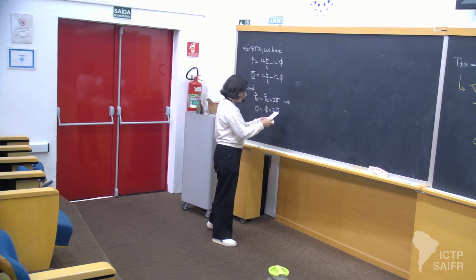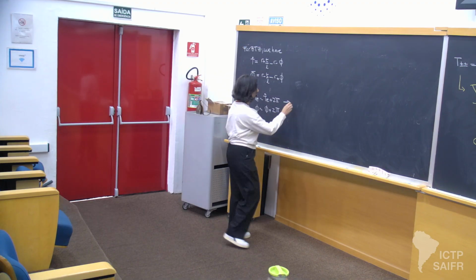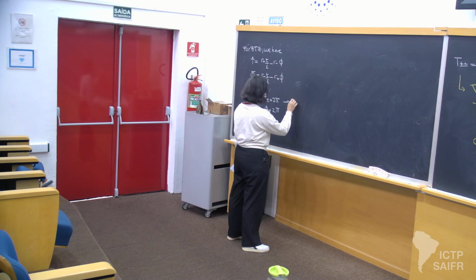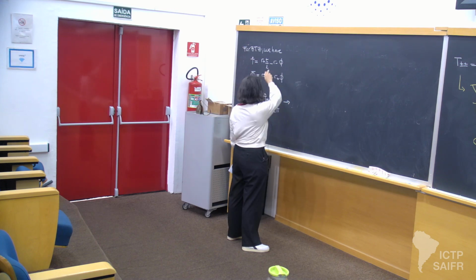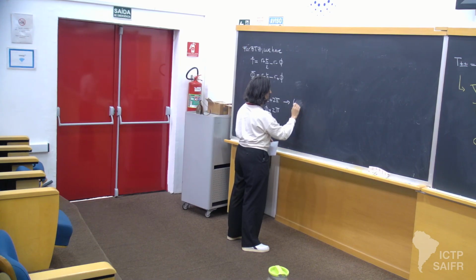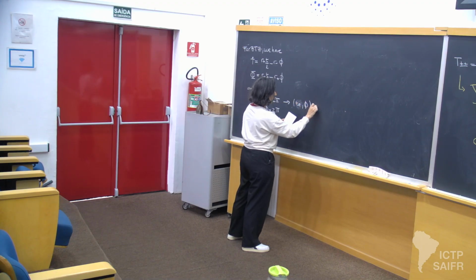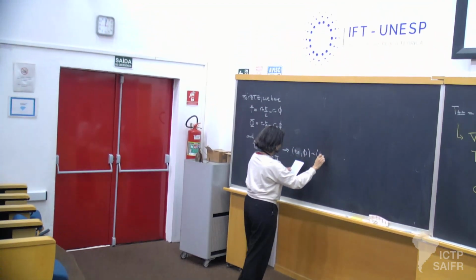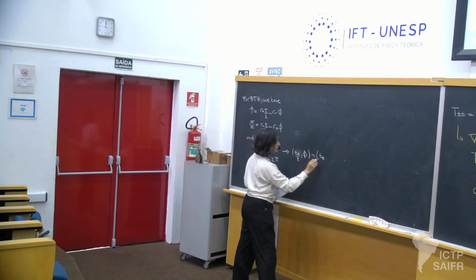But what this identification implies in the original coordinates t and phi is that the Euclidean time t and phi will be periodic. So I wrote it.